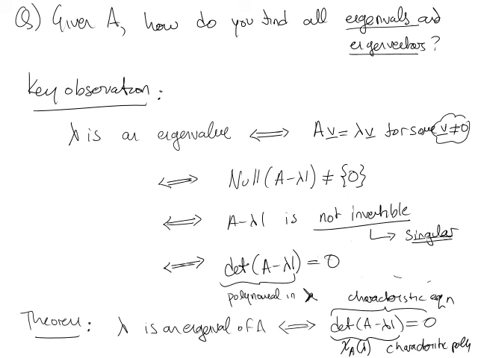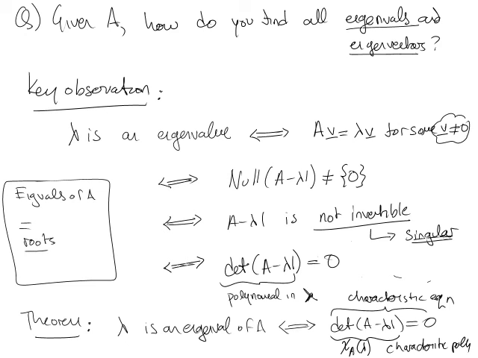And the connection is the eigenvalues of A are the roots of the characteristic polynomial. Okay? So this is pretty cool because we've nailed down our search for eigenvalues.